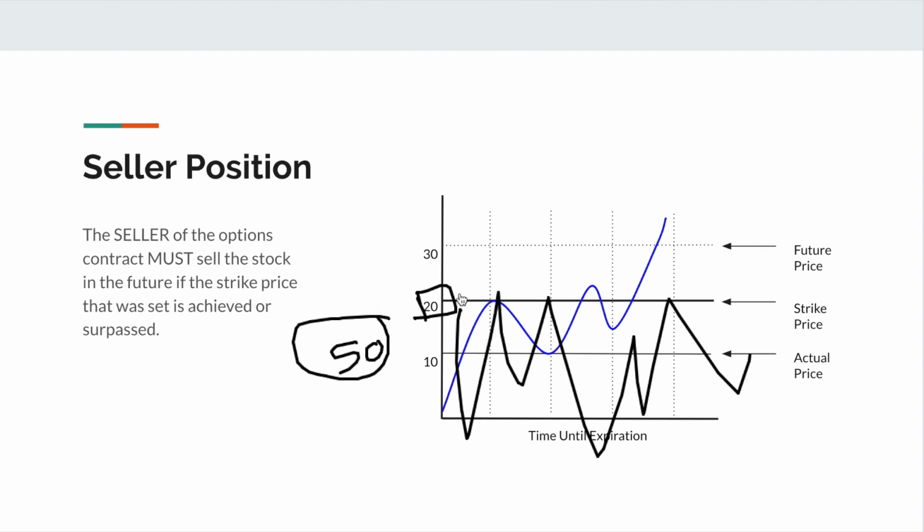However, the seller starts to lose money as soon as the stock reaches $20 and goes above it. That's when they start chipping into their profits, because they no longer are making profits off of you, since the stock is starting to go above that price that you guys had agreed upon. So the seller is praying and hoping that the strike price is never actually achieved. That way they can collect their full $50.